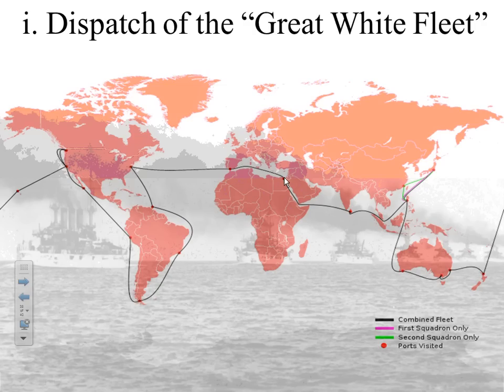And you can notice stops along the way. See all these red dots are ports visited. This was a visual demonstration to the world that the United States had acquired great Navy assets and put them in the conversation as one of the great powers of the world.